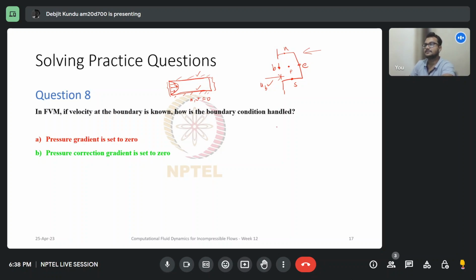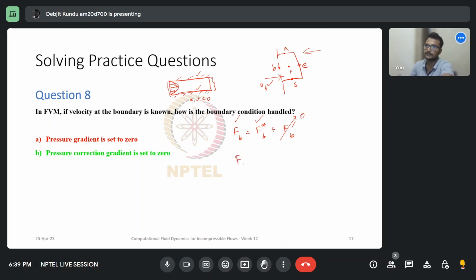So what happens, the flow term, let's say FB, at the boundary is something like FB star plus FB prime. Now, since I know UB, I know the values of FB and FB star as well. There is no need of this correction. This goes to 0.